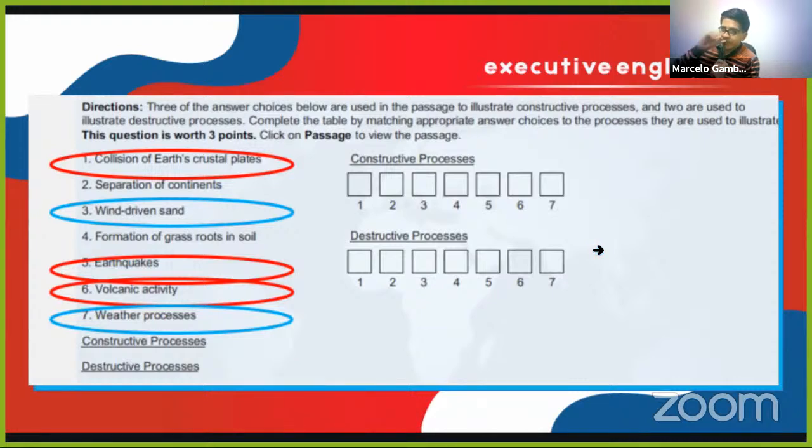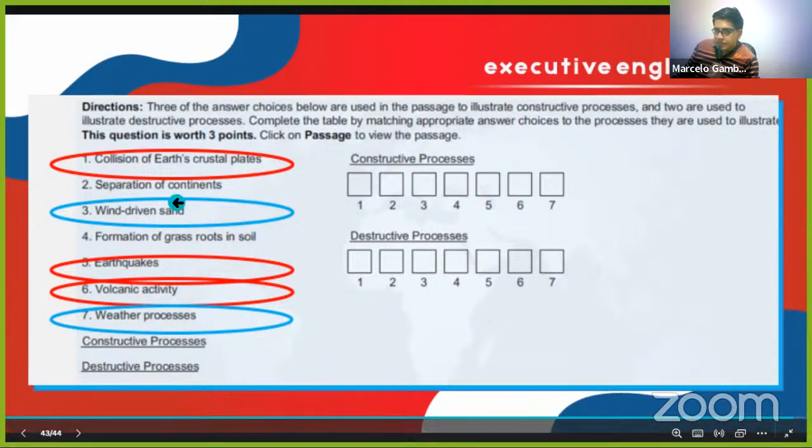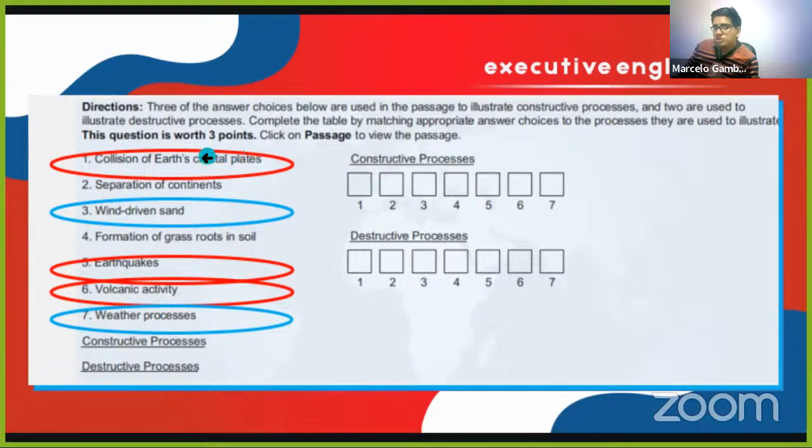That's another type of question. So you need to drag the options to the categories that you're going to have. Here it says that you need to choose 3 answers to illustrate the constructive process, so that's red. And 2 are used to illustrate the destructive process, so that's blue. So we drag these 2 here and we drag 3 there. And that's going to be it.